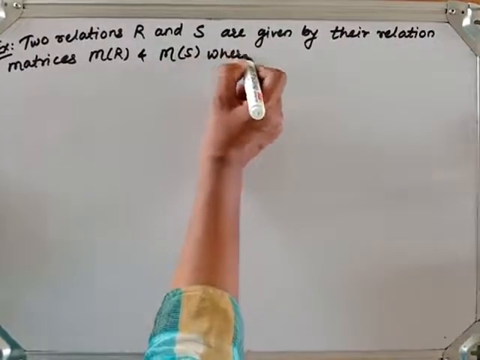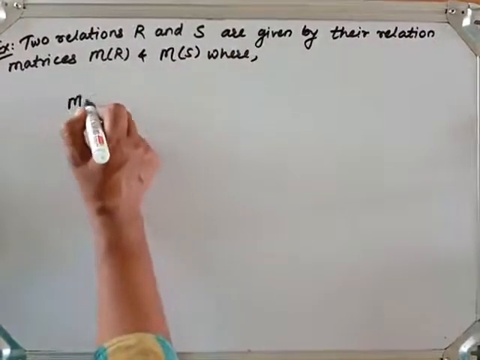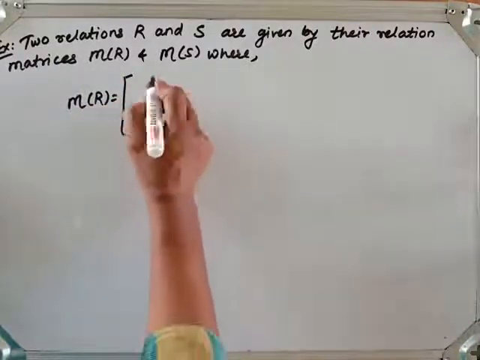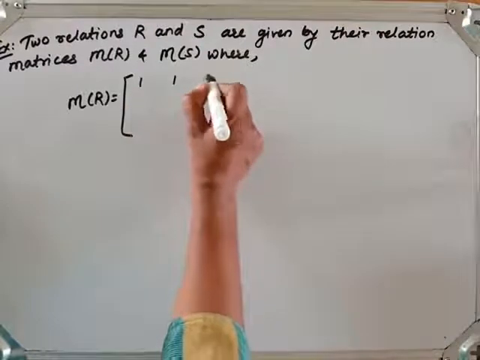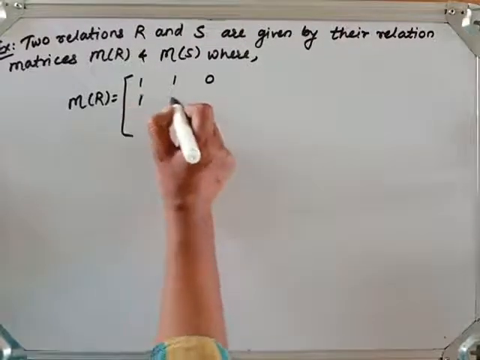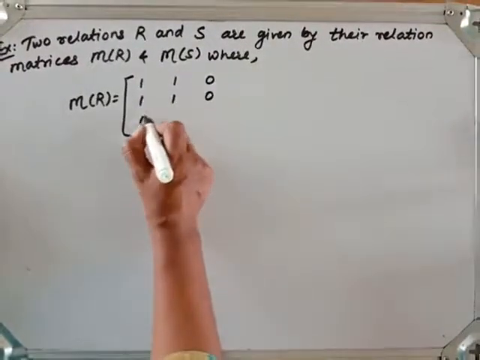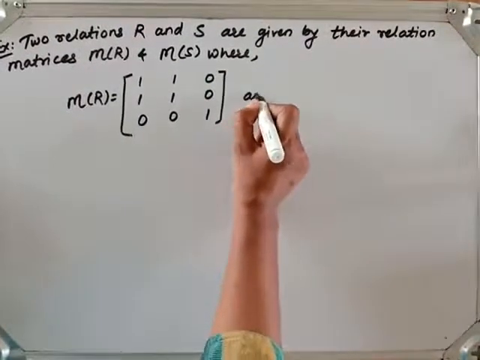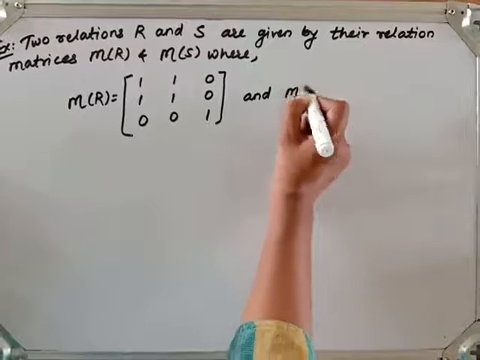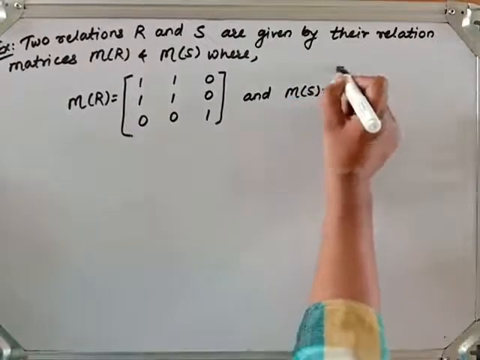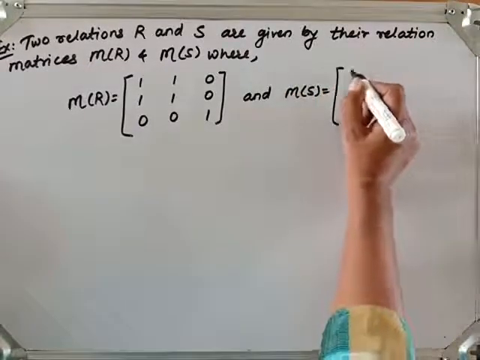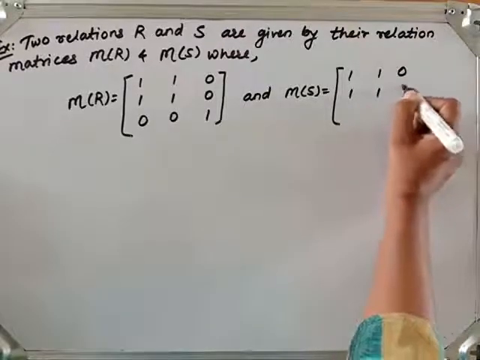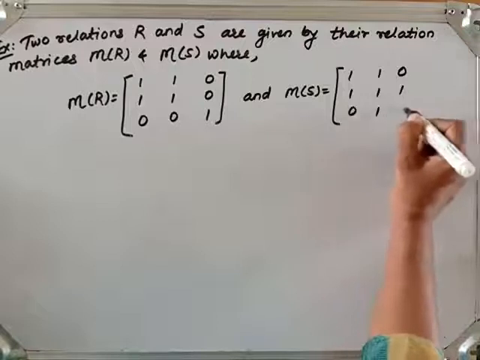Suppose the matrix for R is 1 1 0, 1 1 0, 0 0 1. And the matrix for S is 1 1 0, 1 1 1, 0 1 1.